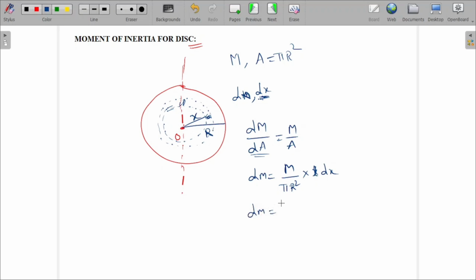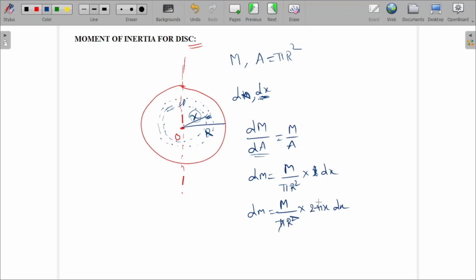So dm equals M by pi r square into 2 pi x only, not r, because this is the one circle we are considering, and that circle's radius is x. So 2 pi x dx.